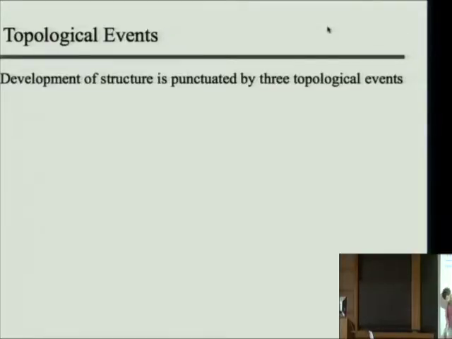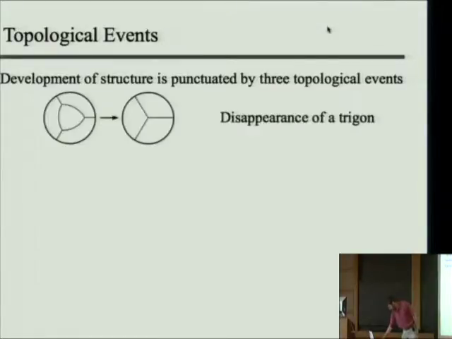We think that there's actually more topological events for this system. Notably, we don't think that you have disappearance of digons. There doesn't seem to be any way to create them for this system. But you do apparently have disappearance of trigons. There's more than one configuration associated with the disappearance of a trigon.